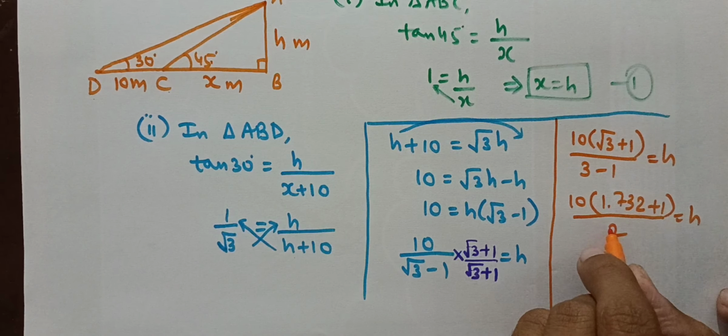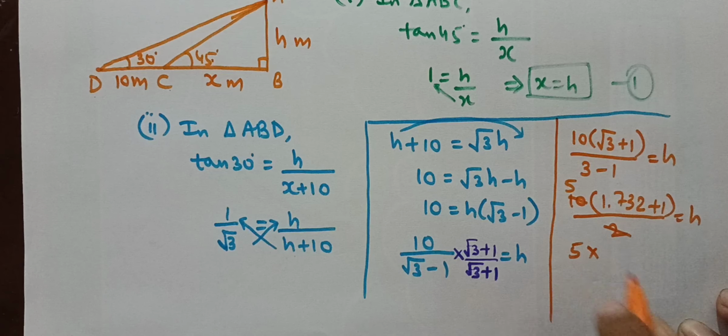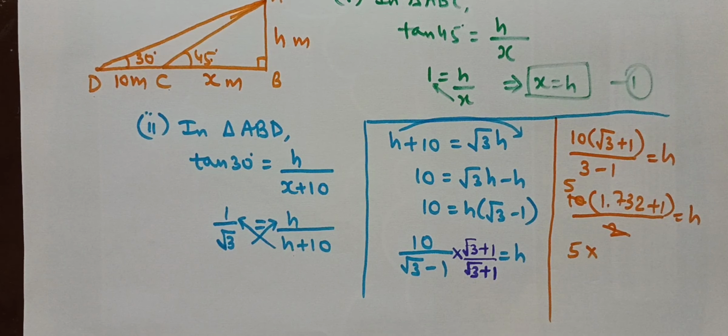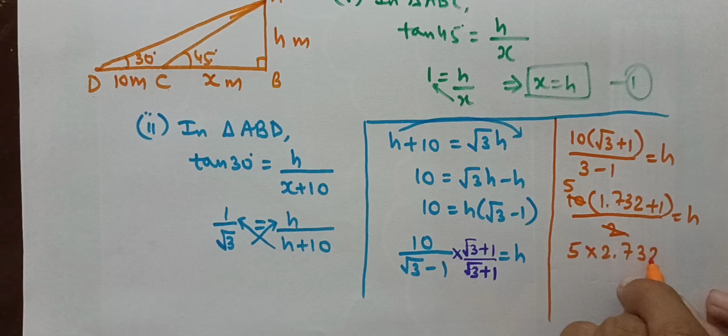Then you can cancel out 2 and 10. So 5 into 1.732 plus 1, that is 2.732. During addition of decimal numbers, we have to convert both numbers to like decimals. It means 1.732 plus 1.000. So that is 2.732.